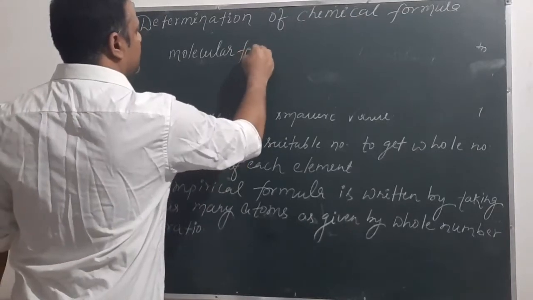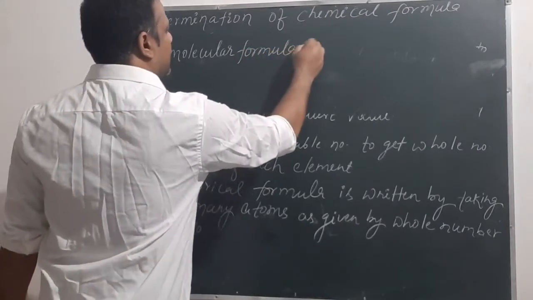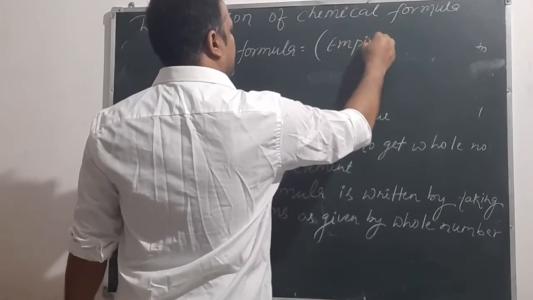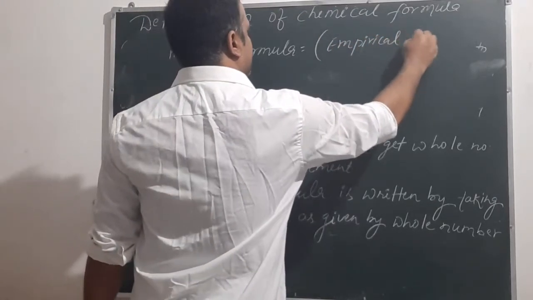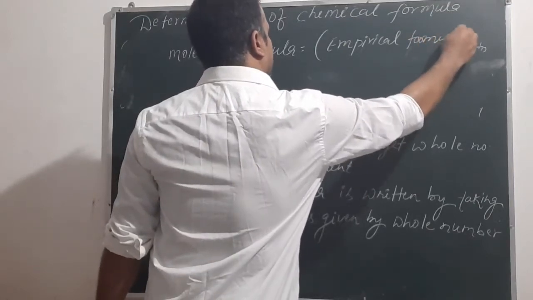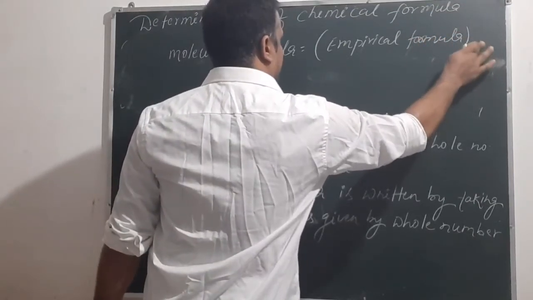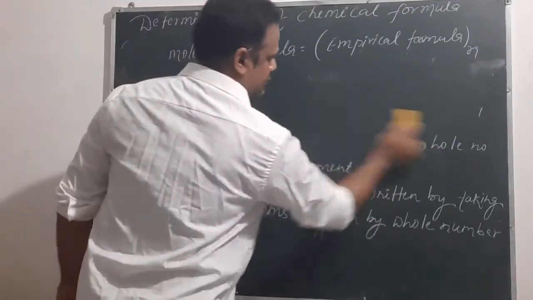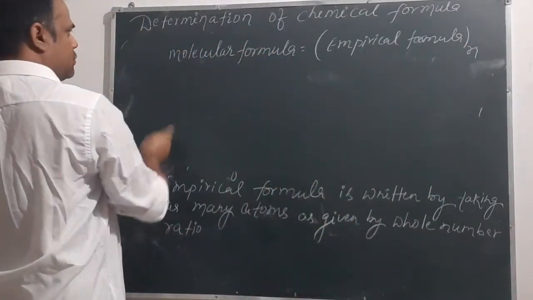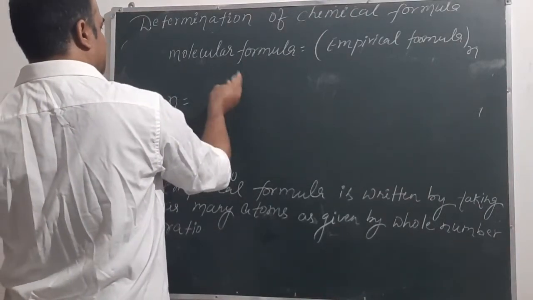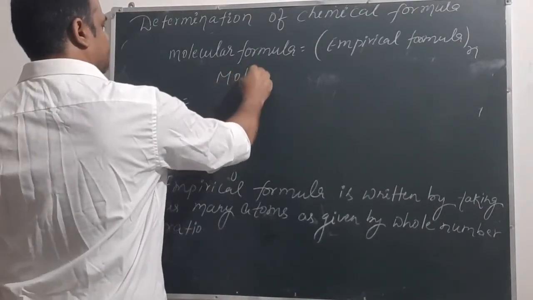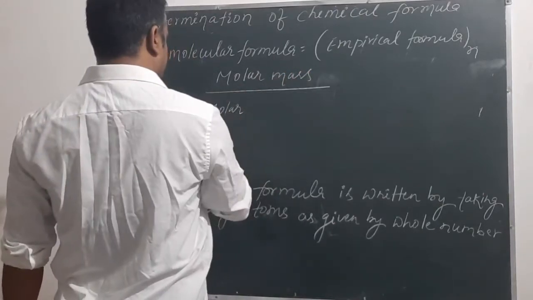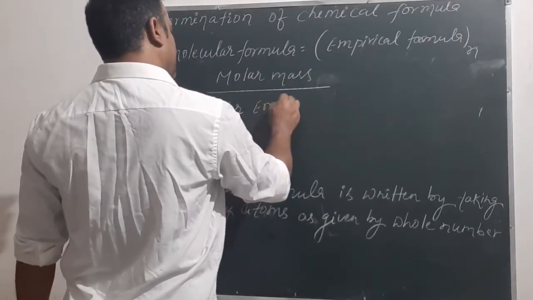So the molecular formula will be equal to the empirical formula multiplied by n, where n is equal to molar mass divided by empirical formula mass.